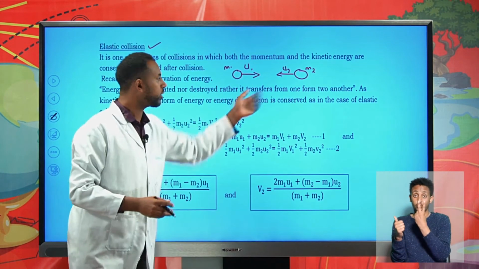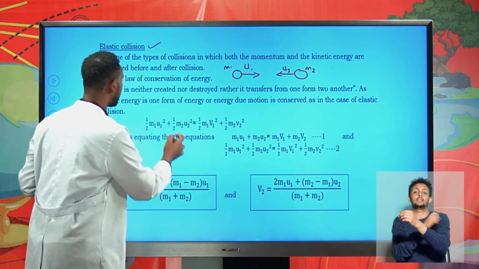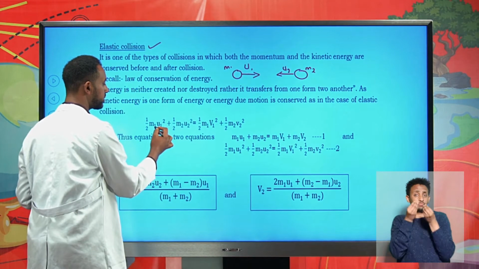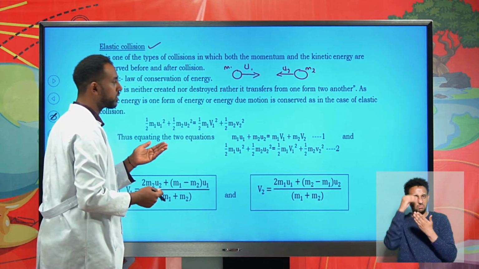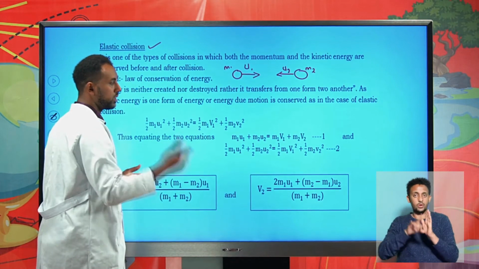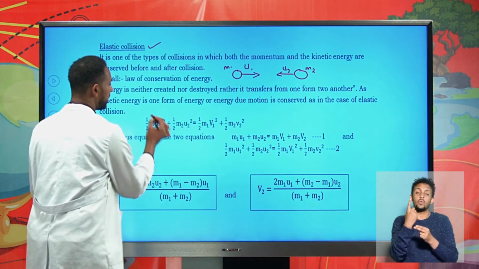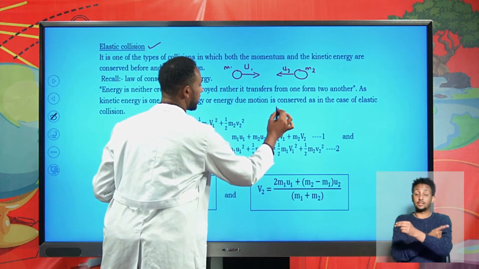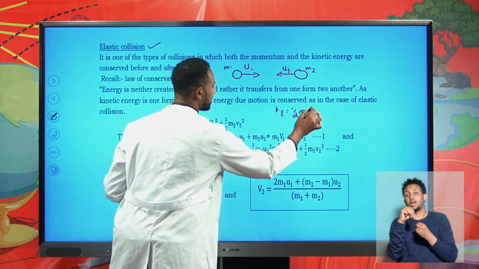Since they have velocity, we can find their kinetic energy. We know that kinetic energy is given by 1/2 m1 u1 squared. You have learned this in your lower grades, and we'll see this under Unit 5, work, energy and power. Kinetic energy is generally expressed as 1/2 times m times velocity squared.